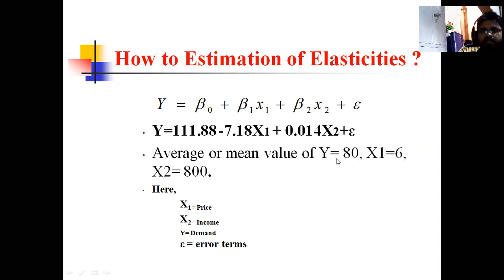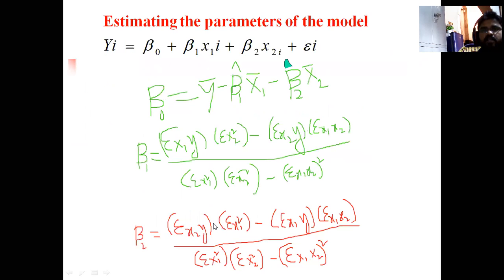The average of y is 80, x1 is 6, and x2 is 800. The average value is nothing but the sum of y values divided by the number of observations. The average of x1 is the sum of x1 divided by the number of observations, and the average of x2 is the sum of x2 divided by the number of observations.